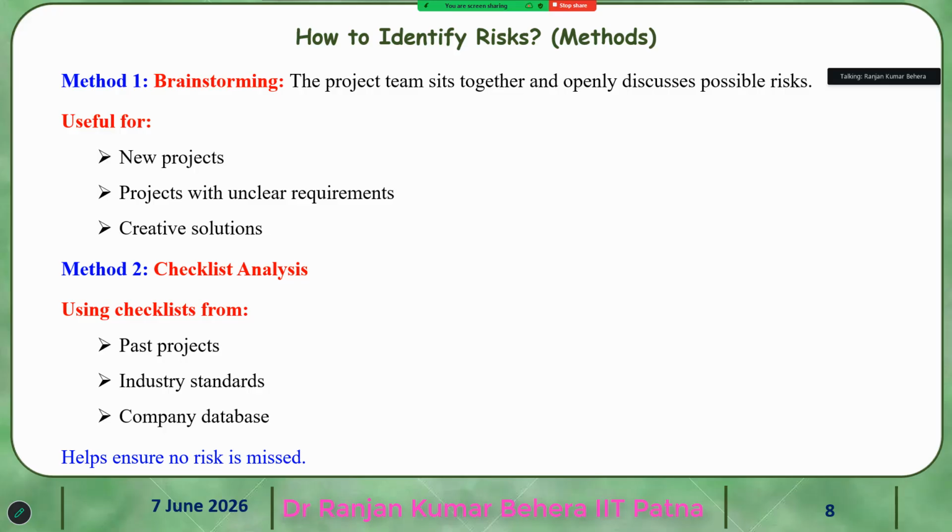Brainstorming is useful for new projects. If there is an unclear requirement, for example, you say something but it is not clear what you require and what you are going to do, then brainstorming helps. It also gives creative solutions, if we can develop some solution.